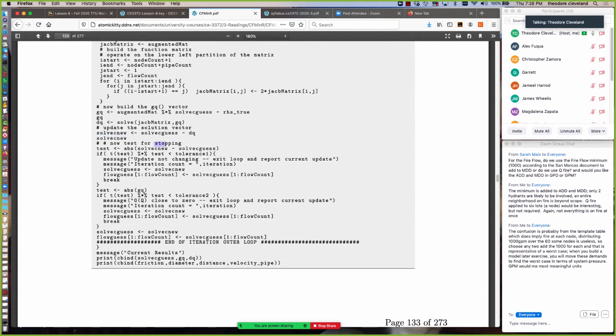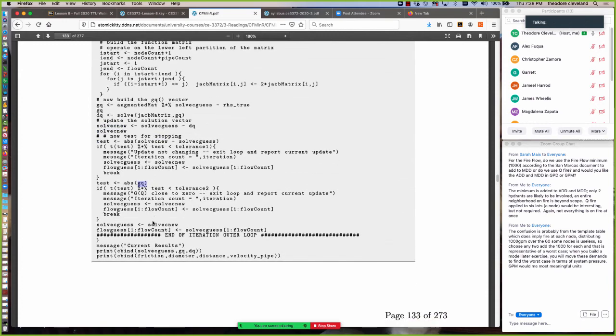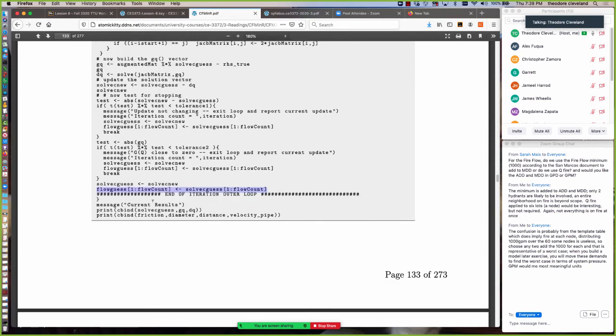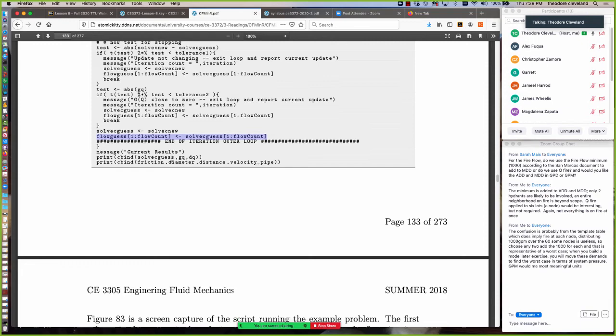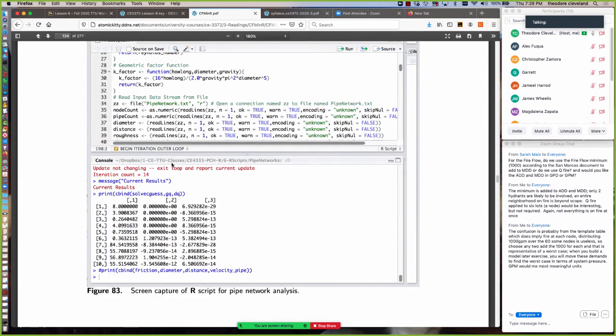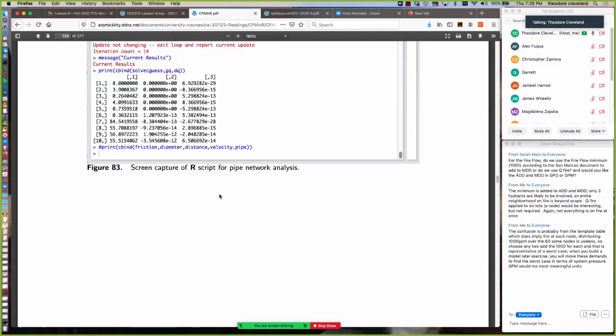Make our tests for stopping, and if that's not the case, we go ahead and perform a formal update to put the guesses into the right place and redo the loop. And then when we're done, we start to report results. And so here is that exact problem done for you, but I'll run it live in a second.